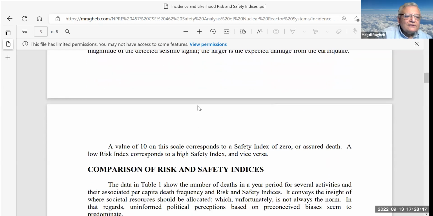A value of 10 on the scale corresponds to the safety index of 0 and or assured death. A low risk index corresponds to a higher safety index and vice versa.